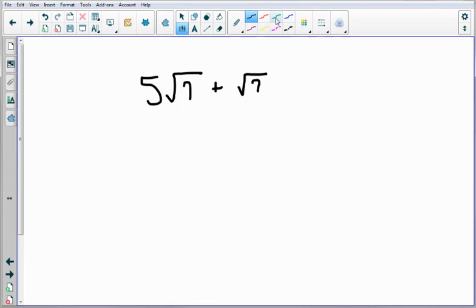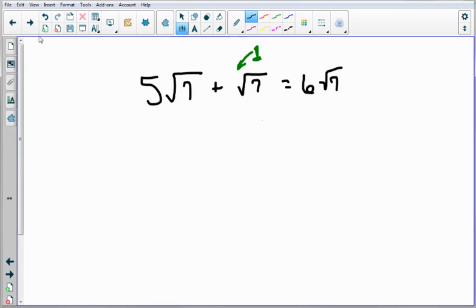If you don't see a number, that would be 1. There's 5 of these plus 1 of these. If you don't see a number that's being multiplied, that number has to be 1. So 5 square roots of 7 and 1 square root of 7 is going to be 5 plus 1. That's 6 square roots of 7.